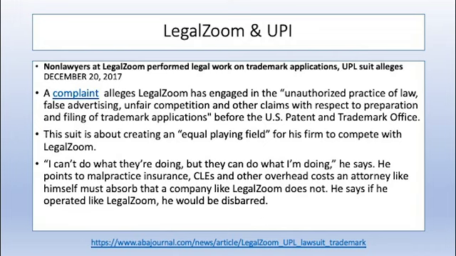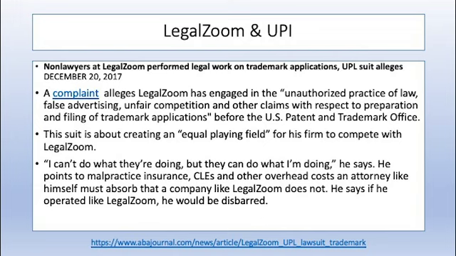I can't do what they're doing, but they can do what I'm doing, he says. So he points to things like malpractice insurance, having to do CLEs, other overhead costs that an attorney like himself has to absorb, and Legalzoom does not. And he pointed out that if he operated like Legalzoom, he would be disbarred.